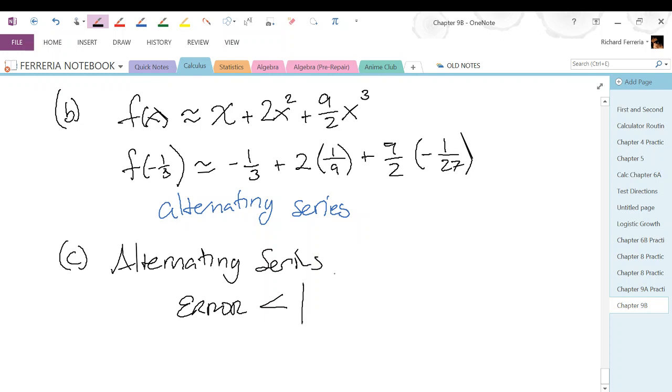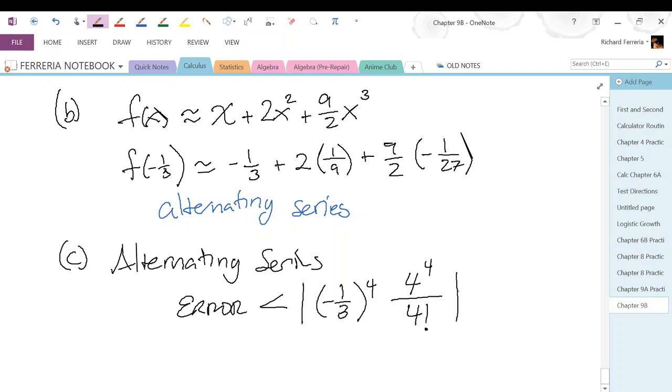The very next term happens when n equals 4. So that's negative 1/3 to the 4th power, times 4 to the 4th power on top of 4 factorial.